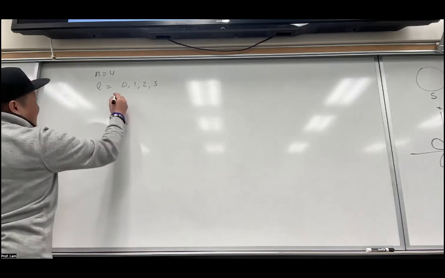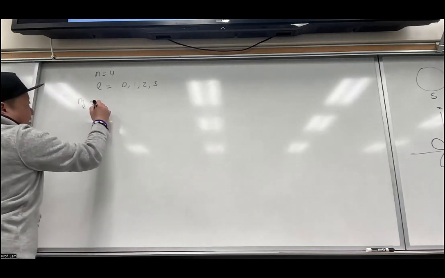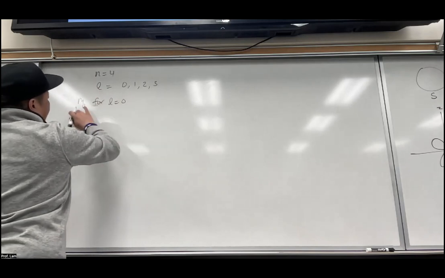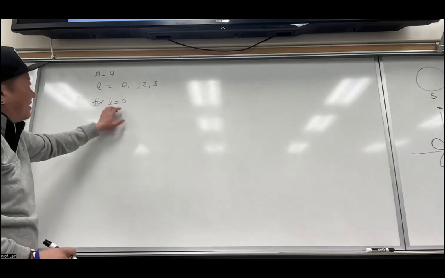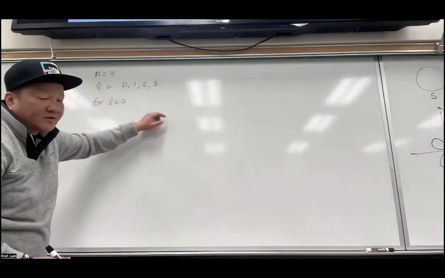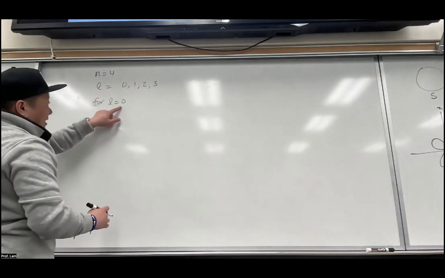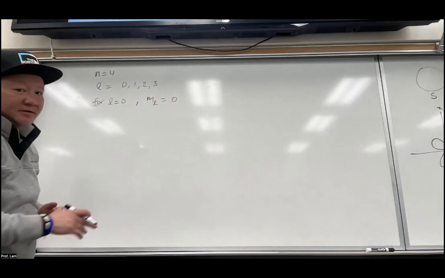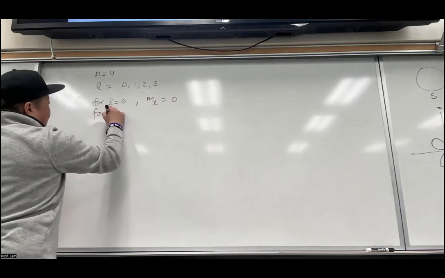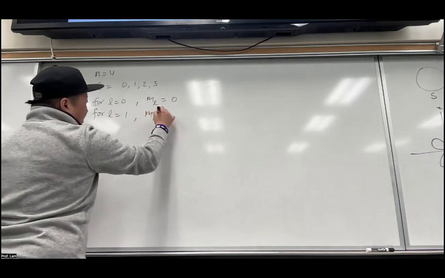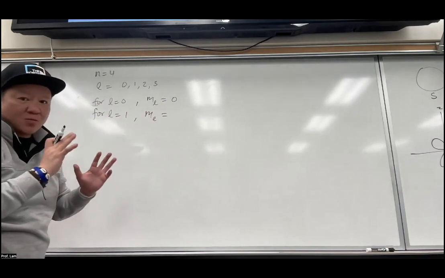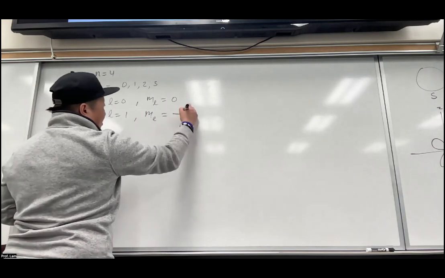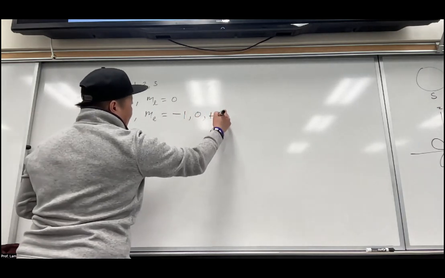Okay? And then if you want to list ml, make sure that you do it for each L. So there are 4 values of L. So you have to do for L is equal to 0, you say ml is equal to 0. Right? And then for L is equal to 1, ml can be, remember, it's going to go minus L to plus L through 0, right? So minus 1, 0, plus 1.